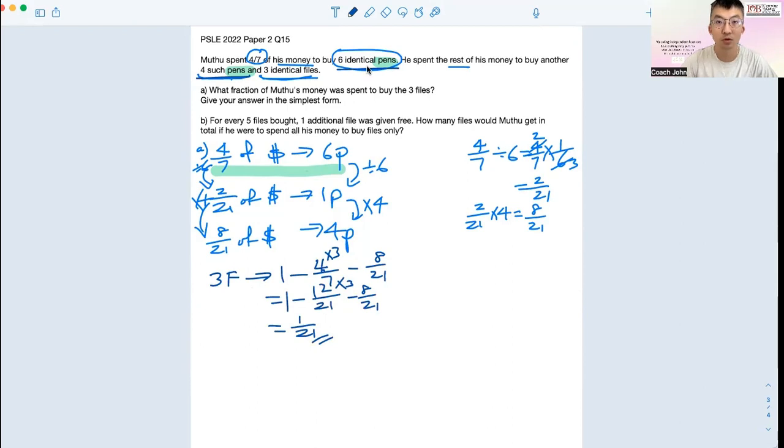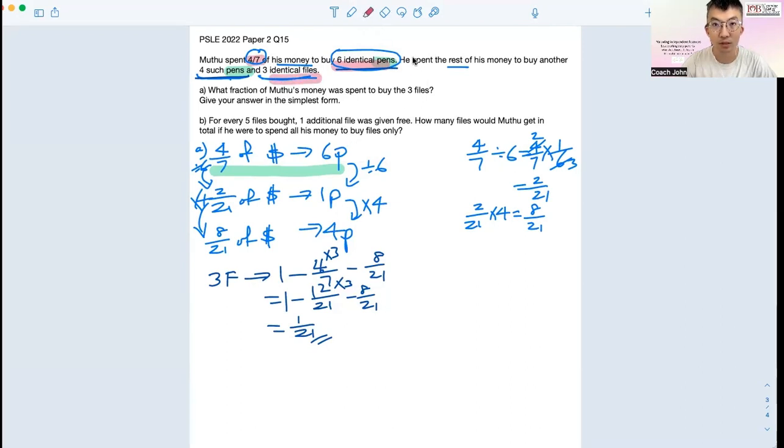The thinking process is very much this: in the first sentence, we have a fraction that is equivalent to 6 pens, and then we have to find the 3 files.